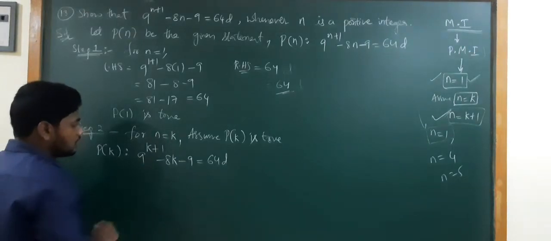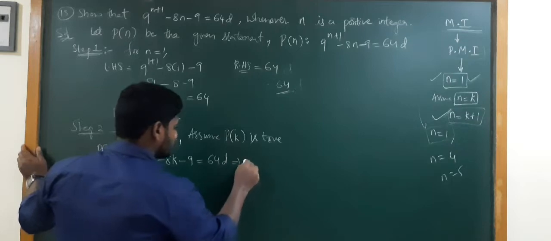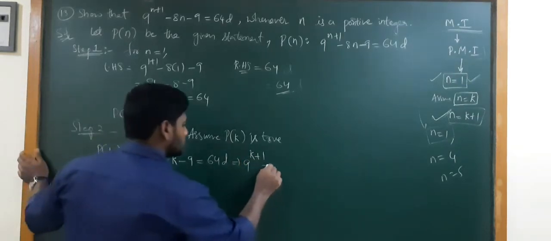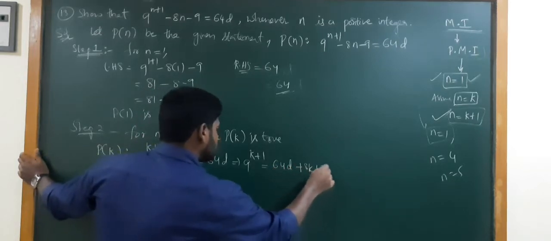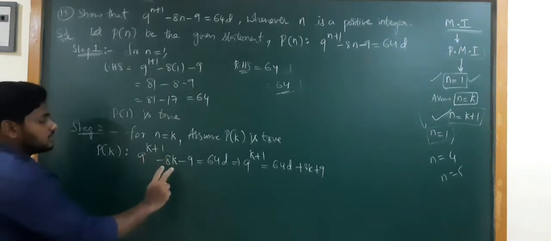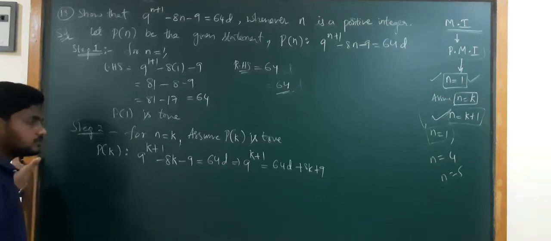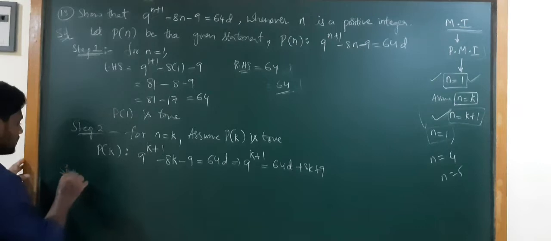So 9 to the power of k plus 1 is equal to 64t plus 8k plus 9. Now, by using that equation, we will go for step 3.